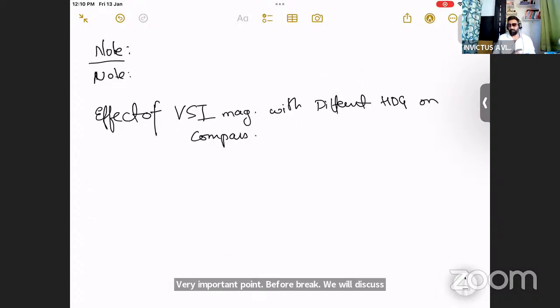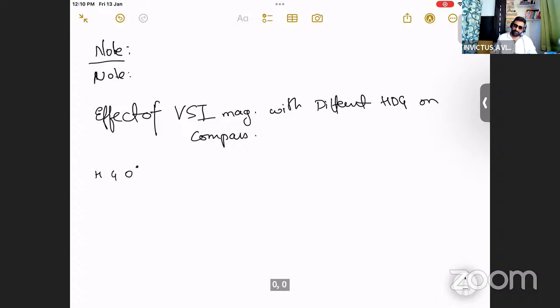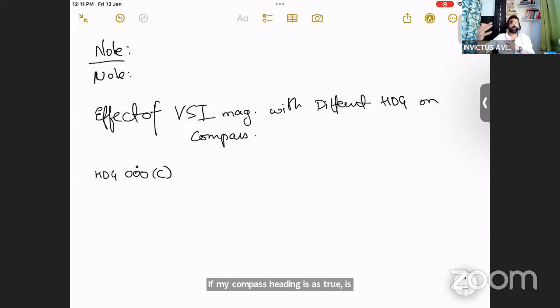Okay. So first you will write heading 000 degrees compass. So we're talking about compass heading right now. If my compass heading is correct with respect to my magnetic heading, good for me. But if my compass heading and my magnetic heading are different, it means there is a deviation in the indication.